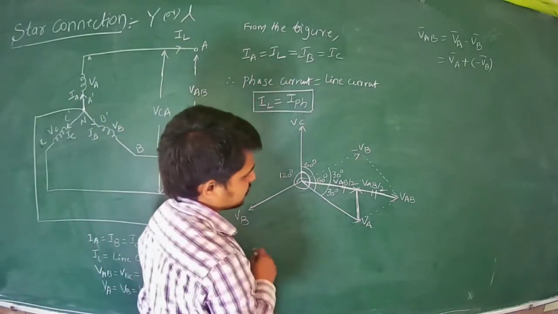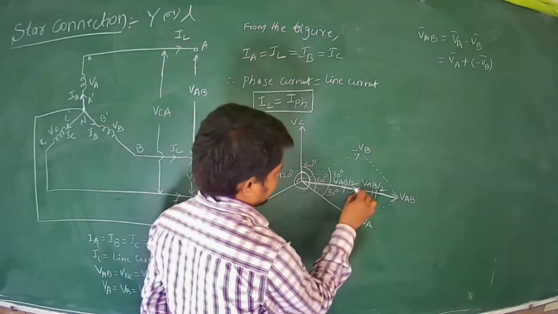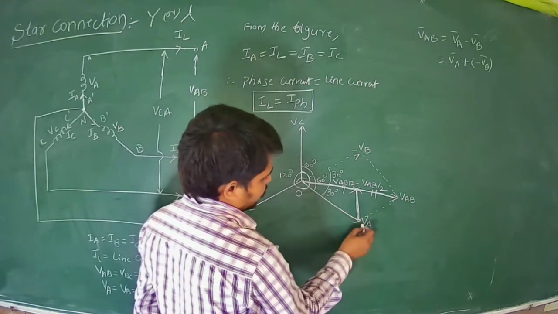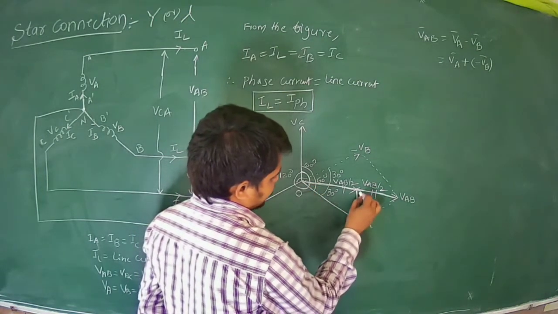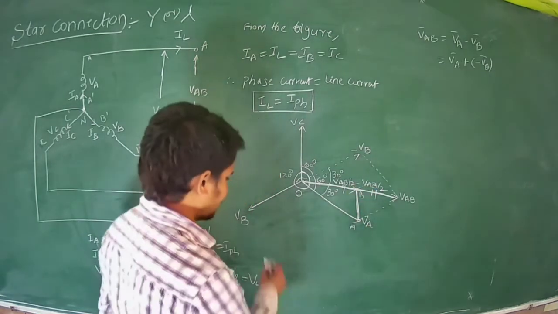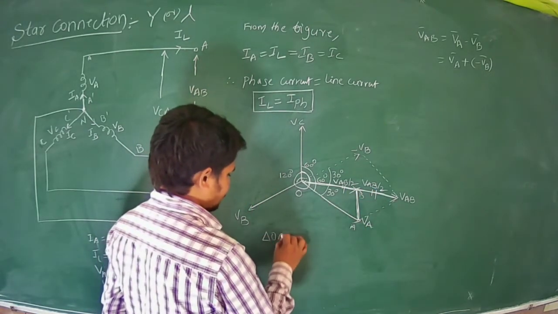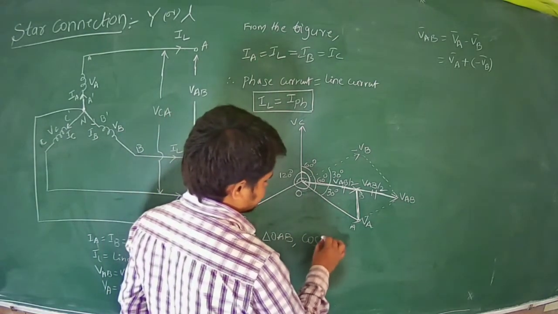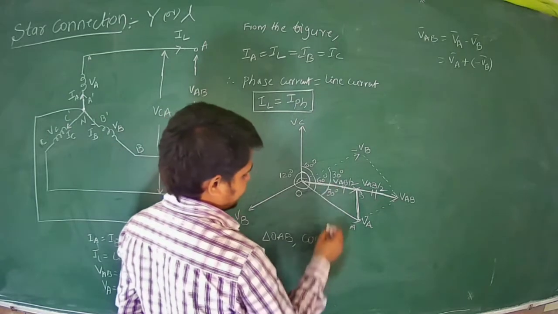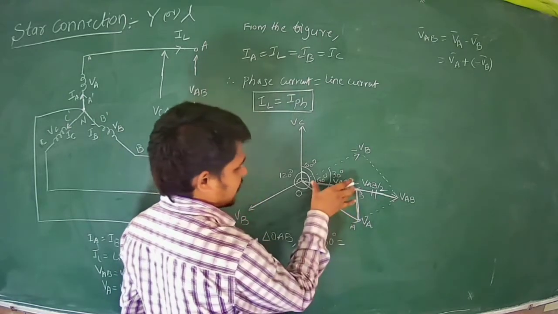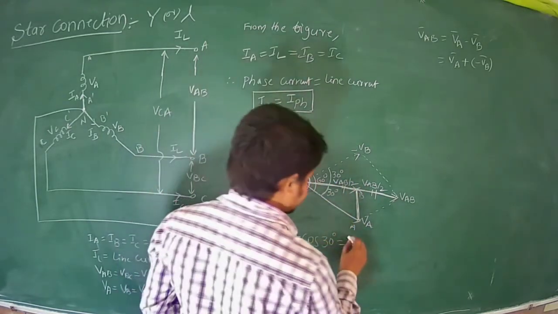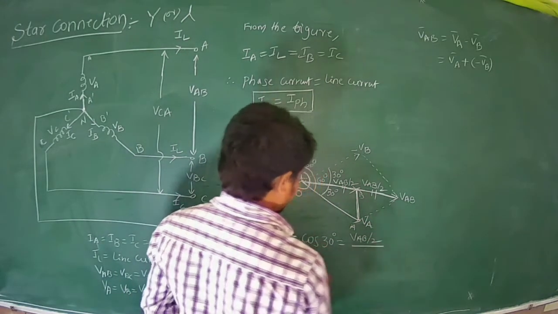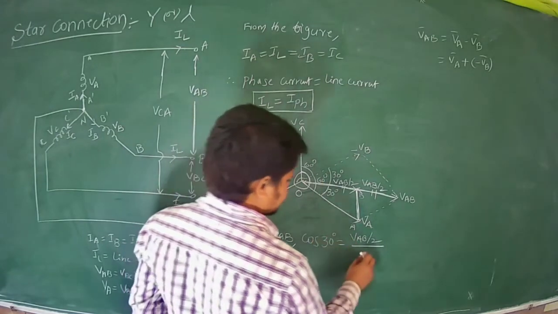From this triangle, let us say O, A, B, triangle OAB, what is cos 30 here, because this angle is 30. Cos 30 is equal to adjacent by hypotenuse. Adjacent is VAB by 2, hypotenuse is VA.